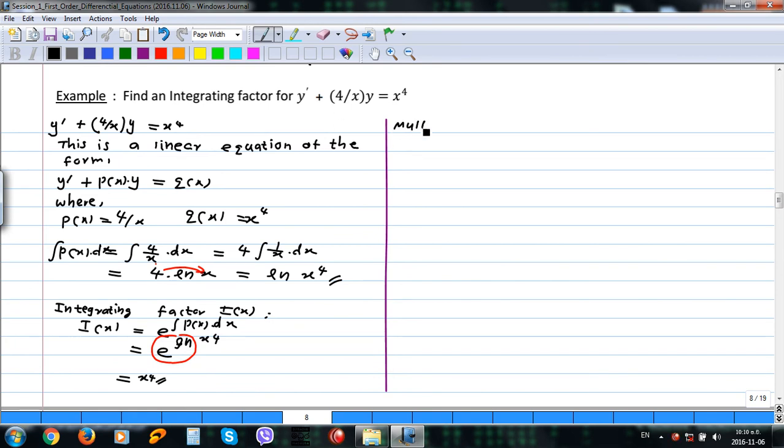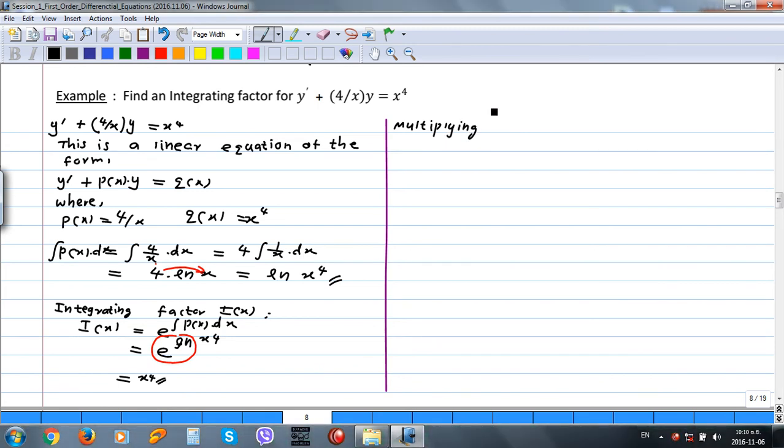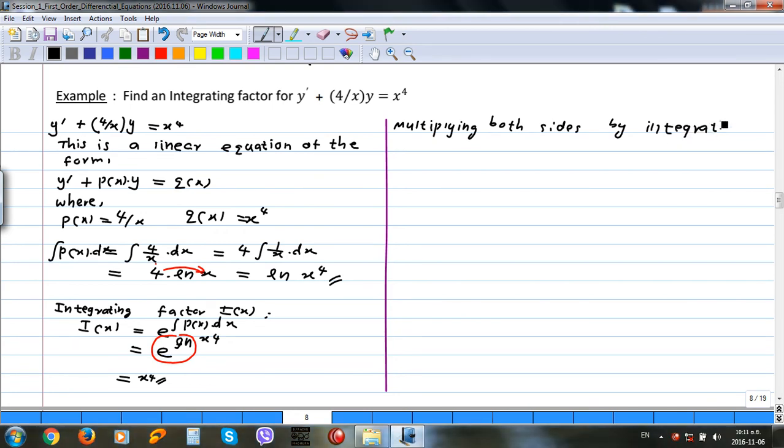Then same steps, multiplying both sides by the integrating factor. I name this equation as 1, then equation 1 multiplied by I of x, that is x to the power 4.